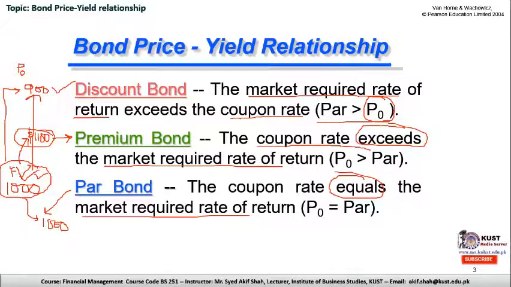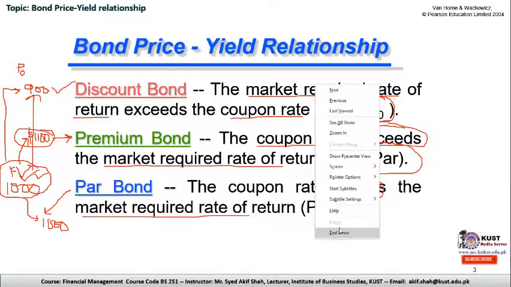In brackets, we can see that such a bond's market price, which is P0, the current market price, is exceeding the par value, which is the face value of this bond. So this is the basic difference between a discount bond, premium bond, and a par bond.